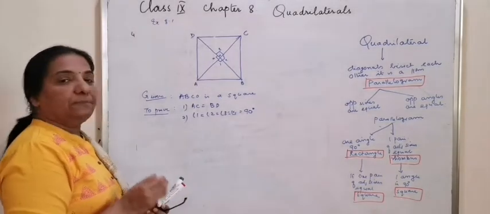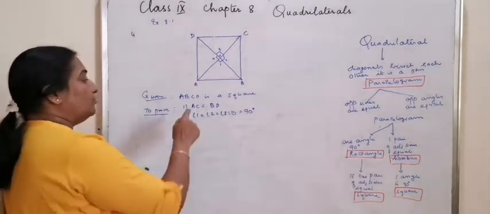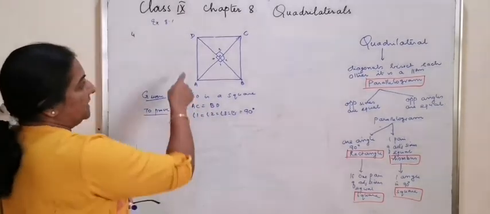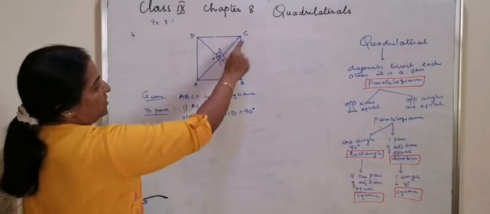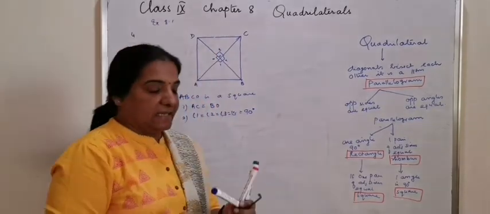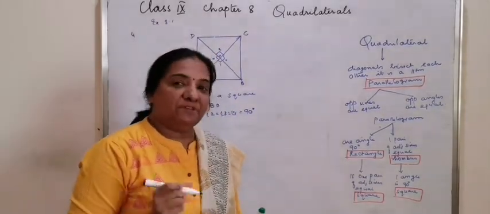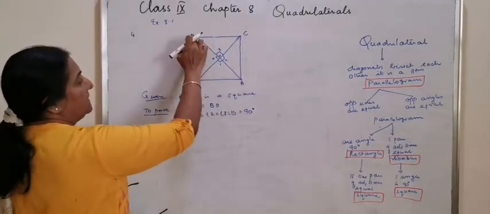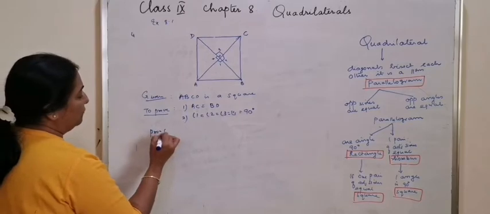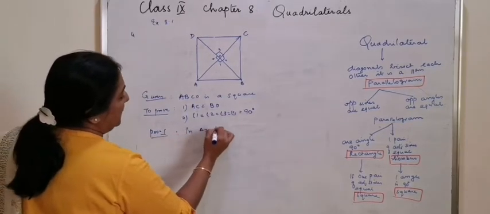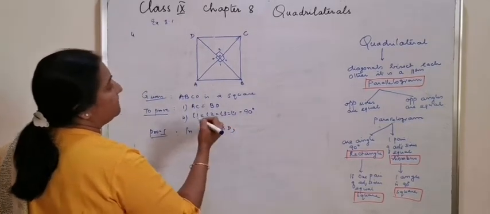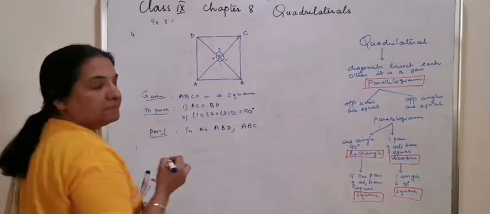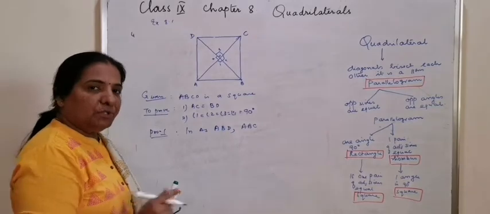The first part of the proof is to prove AC is equal to BD. We have to take two triangles in which AC and BD act as sides. Which are the two triangles? Triangle ABD and triangle ABC, as in question number 2, a similar proof.